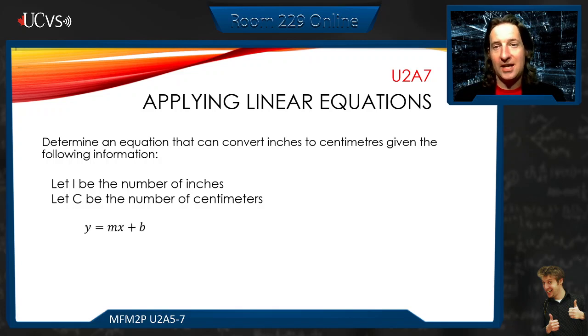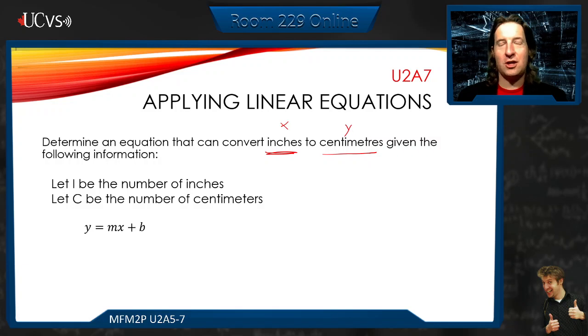So when I take my expression, usually y equals mx plus b, this is going to change slightly. I want to determine an equation that can convert inches to centimeters. So my input, my inches, that's going to be my x value. And I want centimeters coming out, that's going to be my y value.